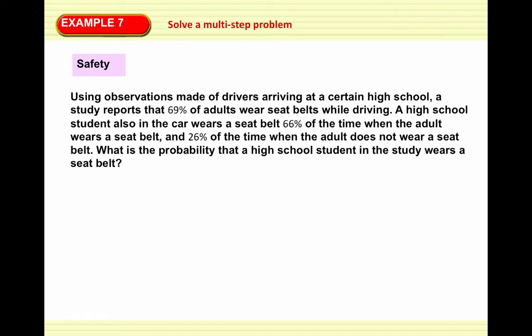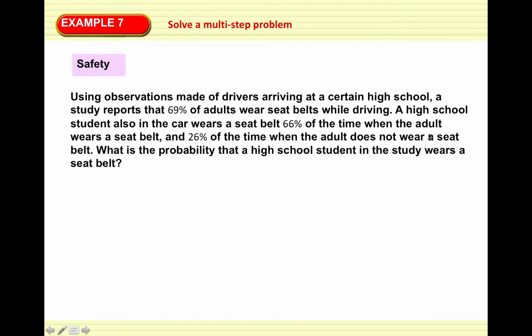All right, let's do a multi-step problem. Using observations made of drivers arriving at a certain high school, a study reports that 69% of adults wear seatbelts while driving. A high school student also in the car wears a seatbelt 66% of the time when the adult wears a seatbelt. So that's a conditional probability.